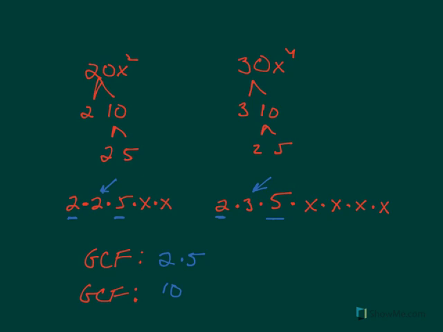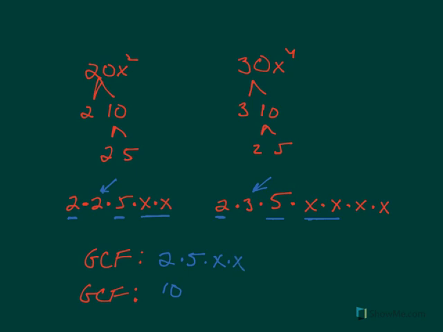How many values of x do they have in common? So if we look at the first one, the 20x squared, there's 2 x's. And then if you look at the 30x to the 4th, they have 2 x's in common. So we could extend our greatest common factor to say that we have an x and an x in common.